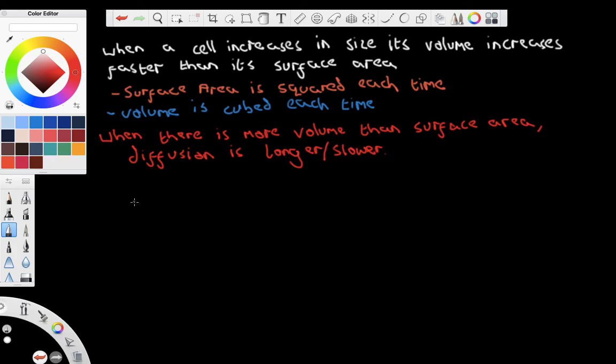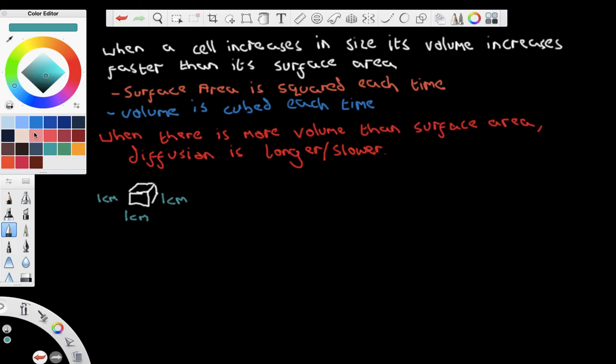And just to finish us off, I want to compare this with two cubes. So I'm going to draw one cube first, our favourite cube, the one that is 1 by 1 by 1, and we'll give it the unit centimetres this time. So 1 centimetre by 1 centimetre by 1 centimetre.